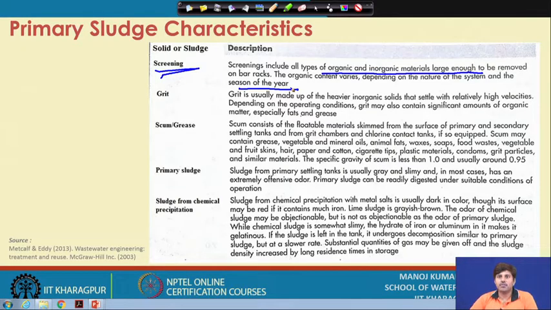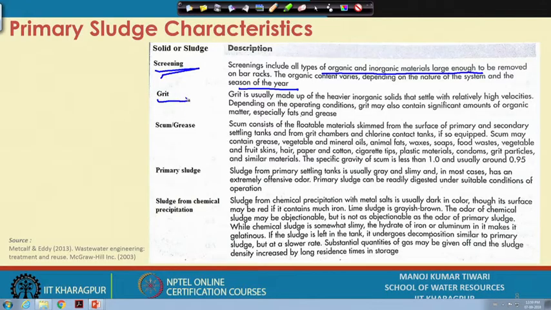So, the characteristics can also change from place to place, depending on how well the wastewater system is maintained. If your sewerage system for collecting the sewage is covered from the top, and there are no foreign materials venturing into the sewer lines, then you will see lesser screens, and the characteristic of screens would typically be whatever is being generated from the household scale.